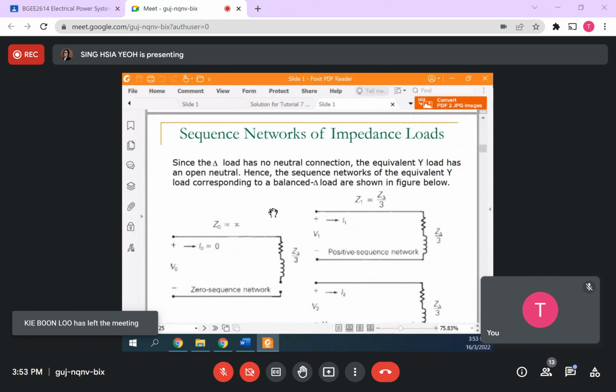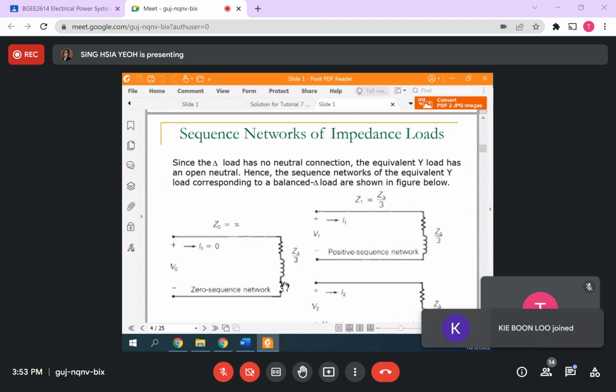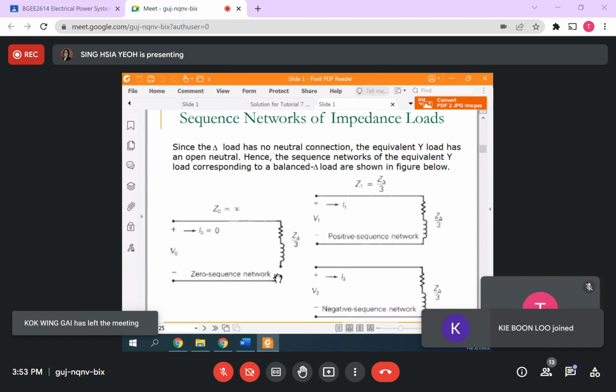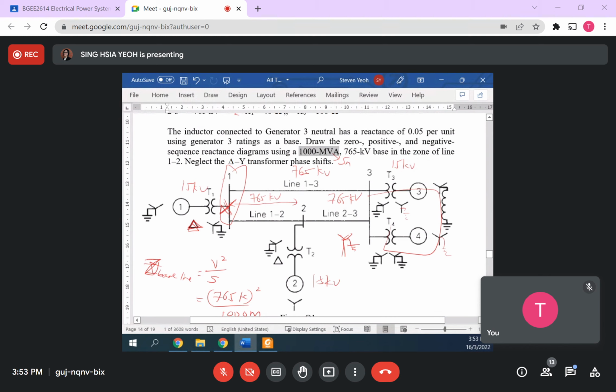If it is a delta load, your zero sequence needs to open circuit because you don't have any neutral line in a delta network. So according to that theory, you have delta here, that means all open. So this side no more, this side no more.